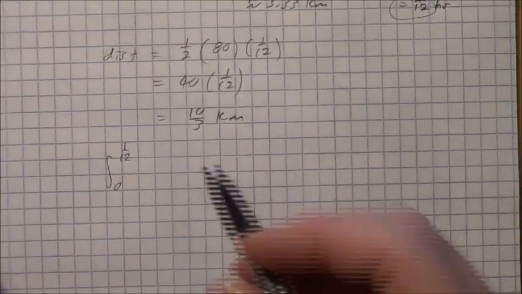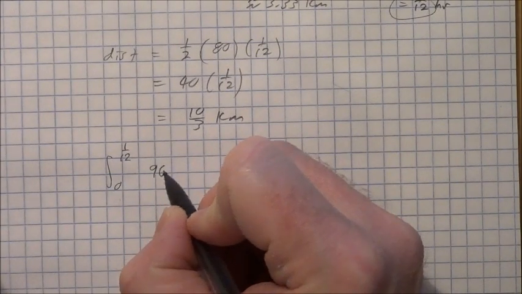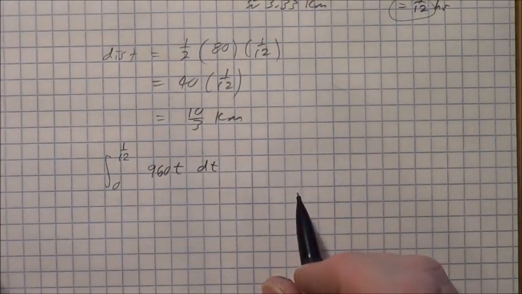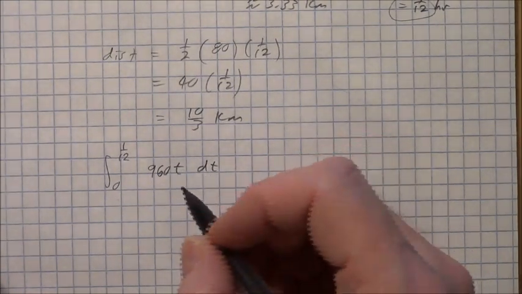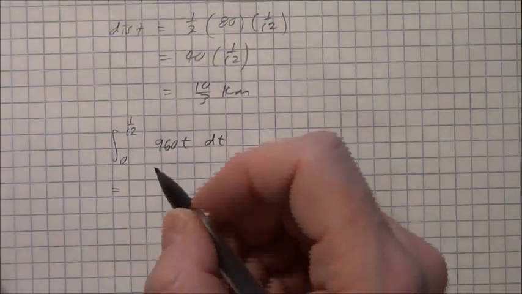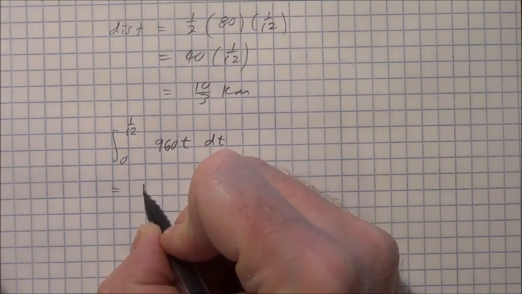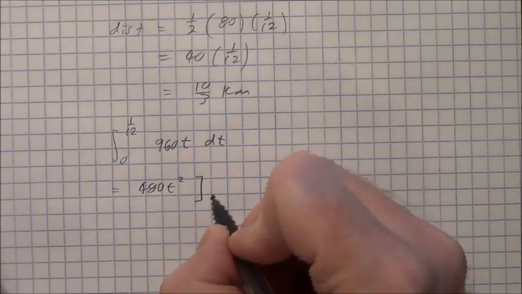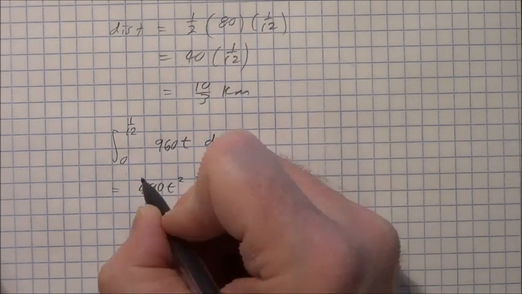Then, to find the integral, we're finding the integral of 960t dt, and the integral of that is going to be 480t squared, evaluated from 0 to 1/12.